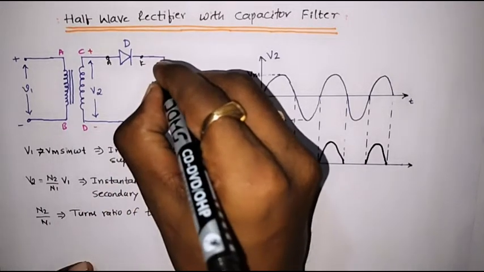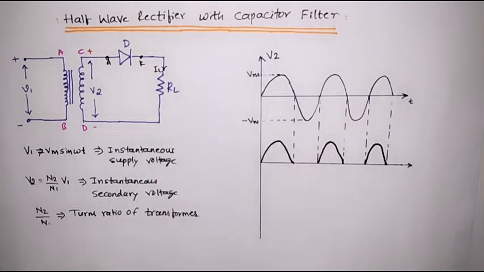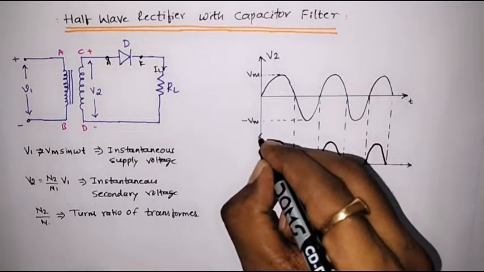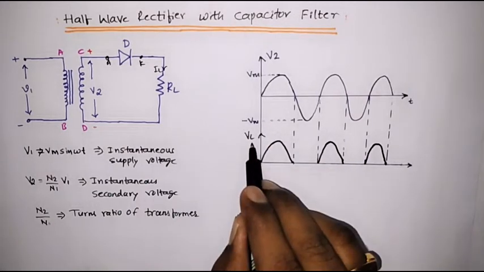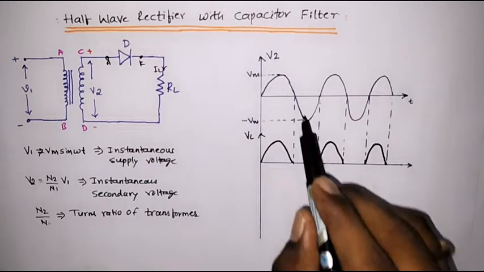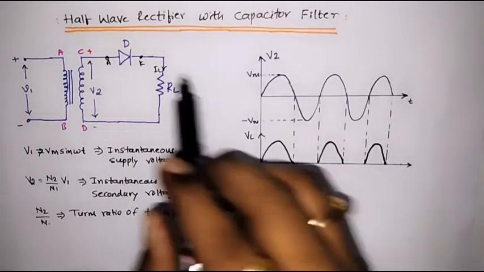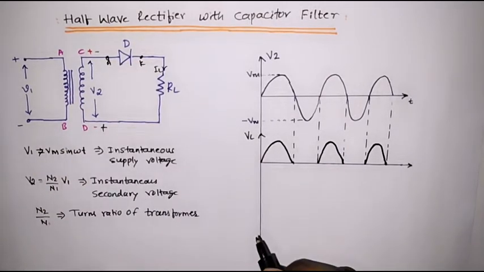Now the current will start flowing into the load resistor and a voltage will develop across it. I can call this the voltage across load resistor RL, that is VL. During the negative half cycle, C is at negative potential and D is at positive potential.